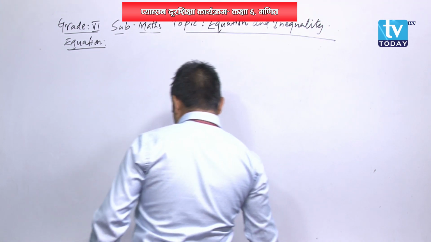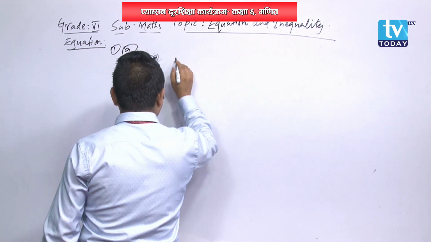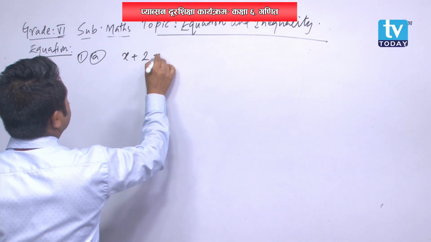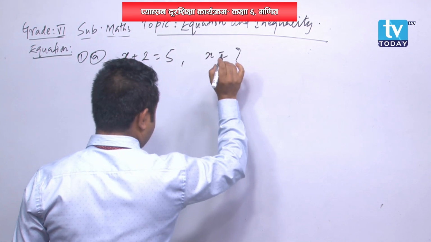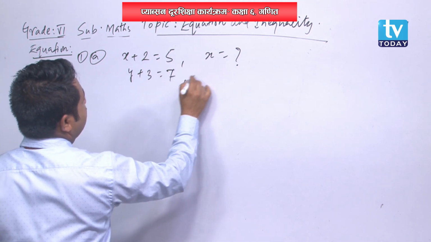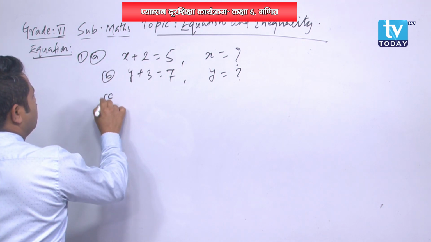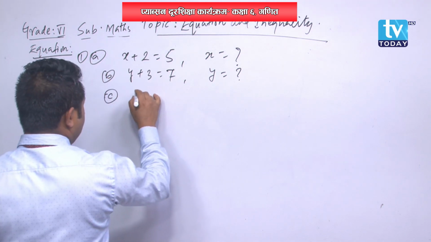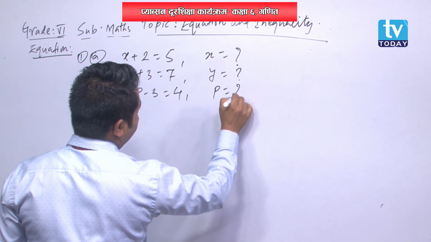Now, please, question number 1. A: x plus 2 equals 5, then what will be the value of x? Y plus 3 equals 7, then what will be the value of y? In this case B. Number C: if p minus 3 equals 4, then what will be the value of p?